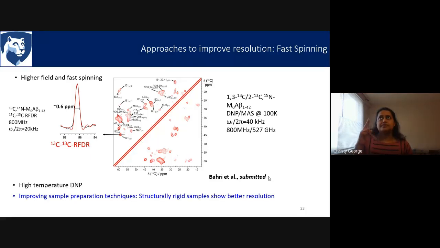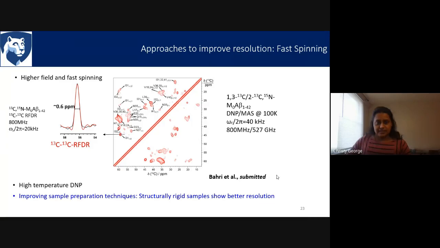And the same 3.2 millimeter rotor, which could spin up to 24 kilohertz at room temperature, can spin at best 12 kilohertz at 100 Kelvin. So we have a spinning limitation when we are doing these DNP experiments. If we go to smaller and smaller rotors, then of course we can spin faster.